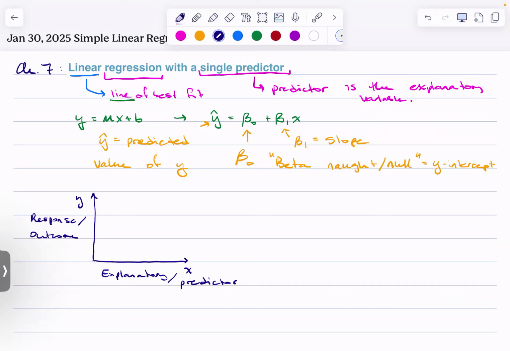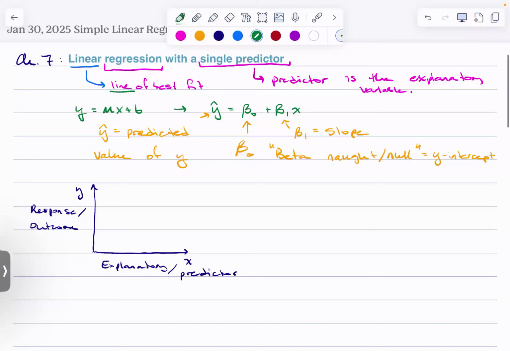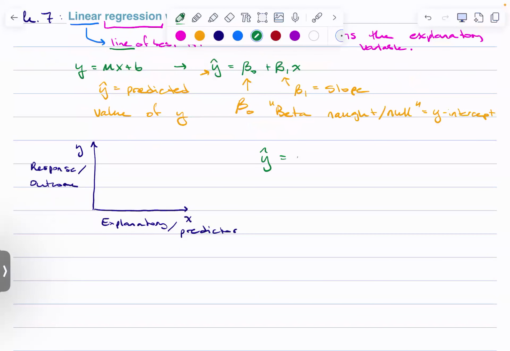Okay. So like I said, there's a lot of information just in the header that we need to dissect and pull apart. And just like we've seen before, these betas, any Greek letters, they come from the population. So ultimately what we're trying to learn about is population behavior. But in our sample, we're going to have a sample version of this line. y hat equals beta naught plus beta 1x.